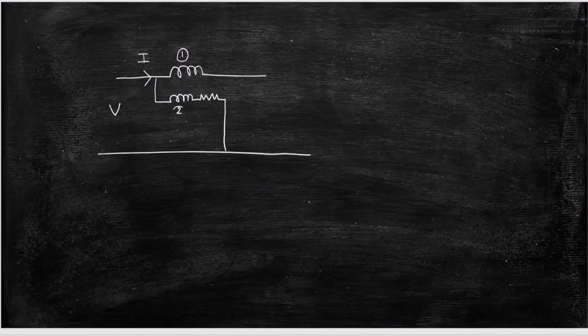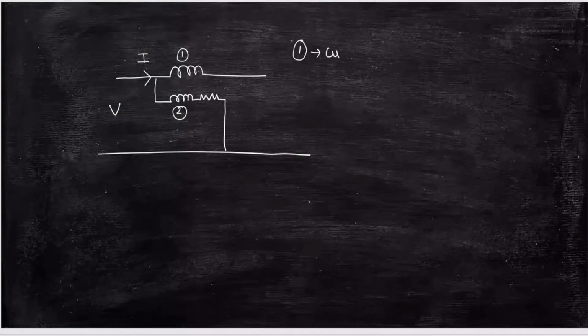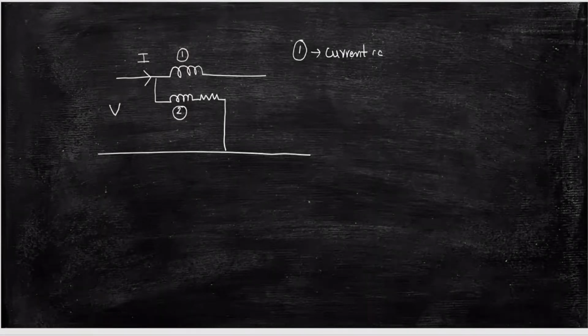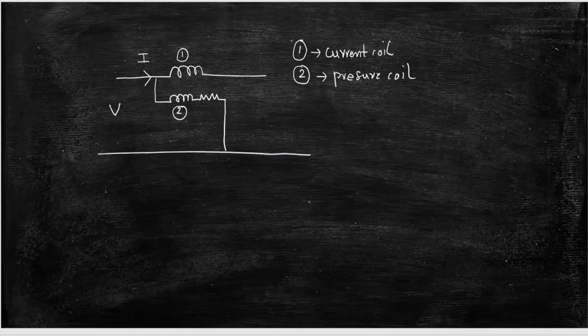In a wattmeter, how many coils will be there? 2 coils. One is called the current coil, and two is called the pressure coil. In a wattmeter, how many coils are there? 2 coils.